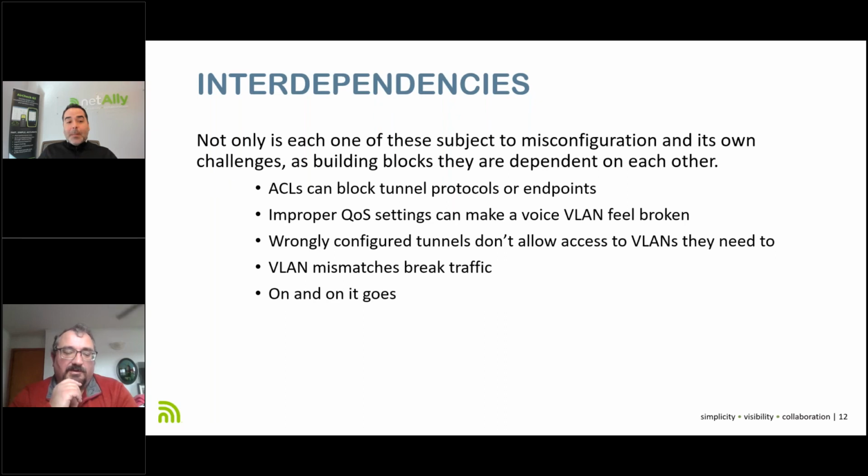The only thing I just wanted to point out is we talked about four different concepts, but I'm sure everybody picked up on the nuance. They're all intertwined, right? None of these is a standalone. An ACL can screw up a tunnel. A VLAN mismatch can hose up your QoS. It's a Rubik's Cube.